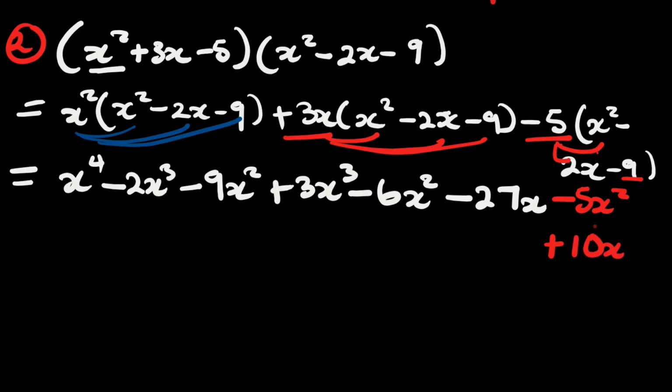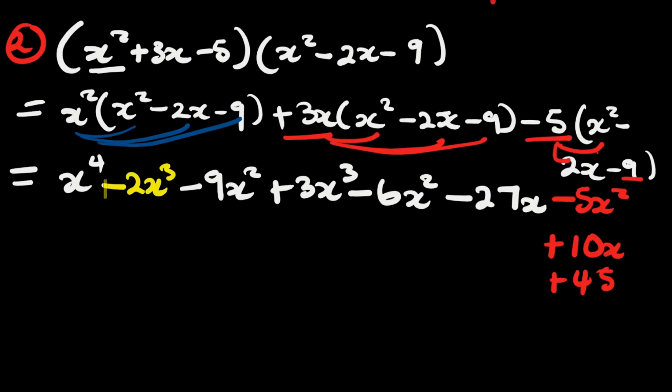Then negative 5 multiply negative 9. This is positive 45. I don't have space here. Positive 45. Then now we're able to see that we have like terms.